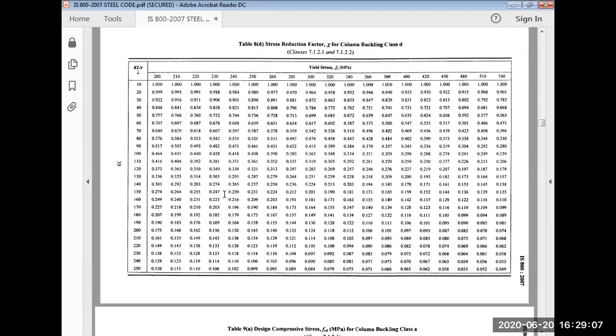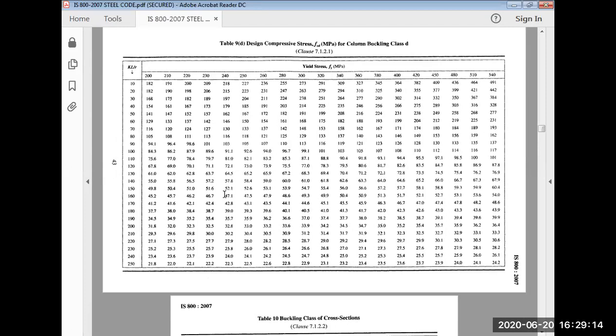We have to take some values in a column or compression member while designing that. We have to take these values. How to take this value is part of analysis that we will see in detail while solving the problems.